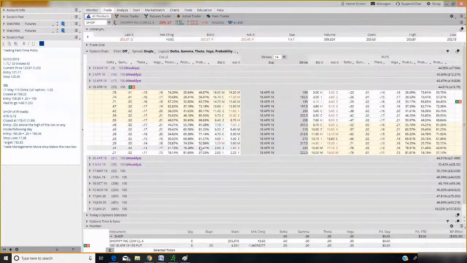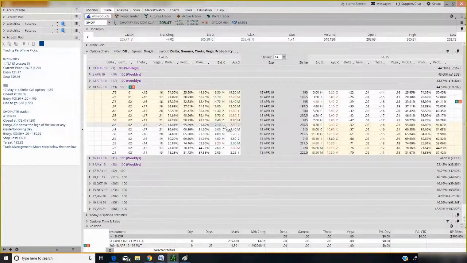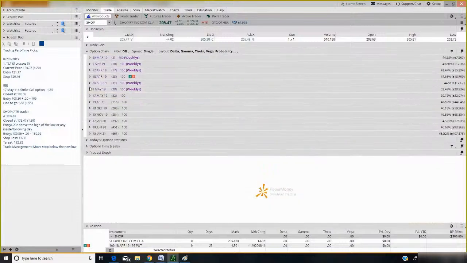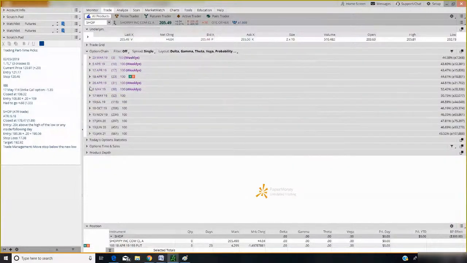So maybe a 30 delta, 20 days, absolutely. It's just through the back testing, and the back testing was this first strike out of the money has always produced the biggest results. So I encourage you to go around the 20 days and stick to the first strike out of the money. That's what I'm going to be doing.